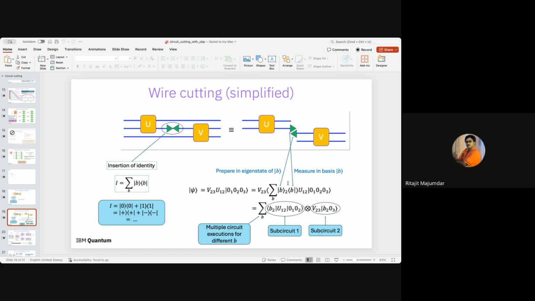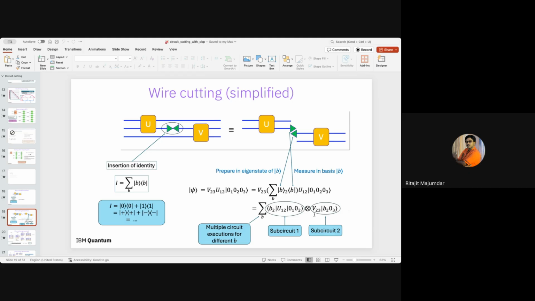Now, you see this is acting on qubit 2. Let's separate out the two things. Mathematically, you can separate this part out and this part out. This is a 2 qubit circuit because it's acting on 2 qubits, and this is also a 2 qubit circuit.